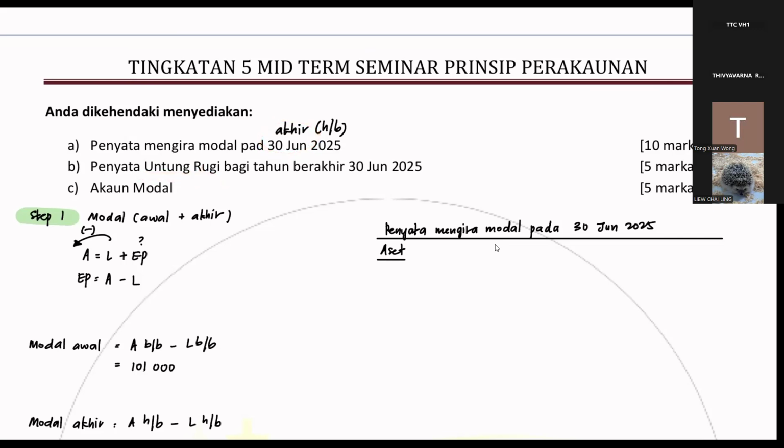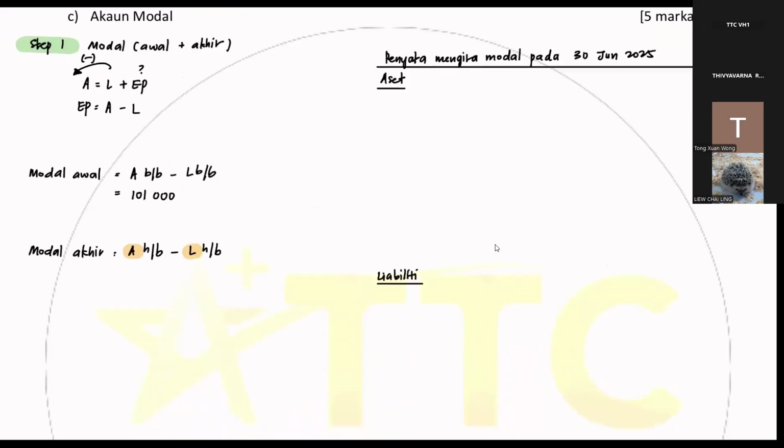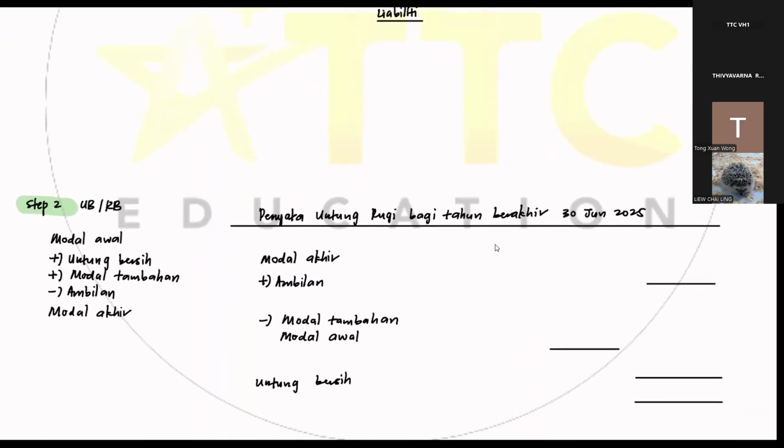Okay, so just now we have mentioned in order for us to get modal akhir, we only need asset and liability, right? Okay, then how to find untung or rugi bersih? Previously for untung rugi bersih, we worked on the upper part, right? We have to get the hasil and belanja, put it into APO, prepare a full format to get your untung or rugi bersih.